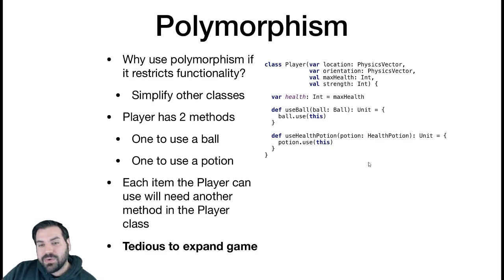Every time we add a new object to the game, are we going to revisit our player class, add another method here, and then everywhere else in our code where a player can use an object, are we going to add specific code to call the right method in the player class? Well, of course the answer is no, because that's what we're going to fix.